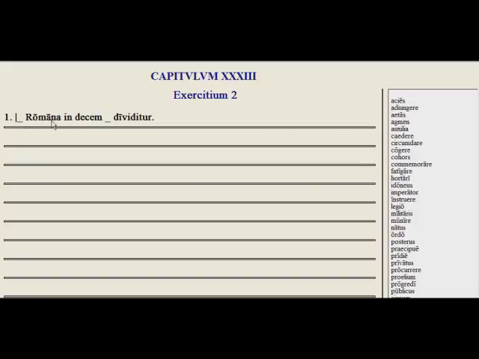Legion, you see here, is feminine. That's why you have Romana. So legio Romana, the Roman legion, feminine, is divided into 10, and then cohortes, 10 cohorts from cohors.